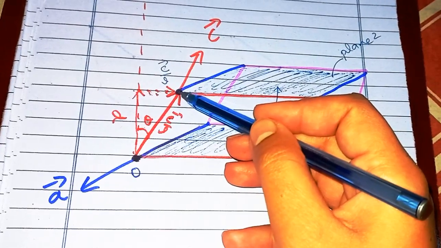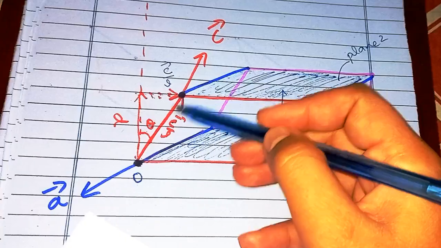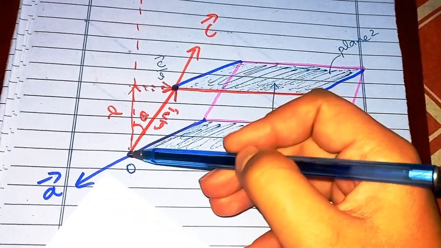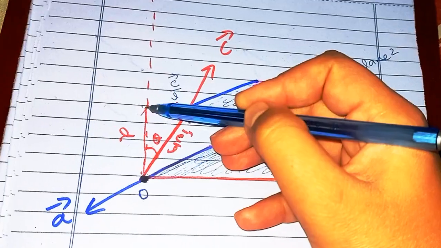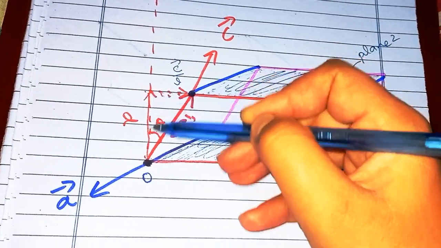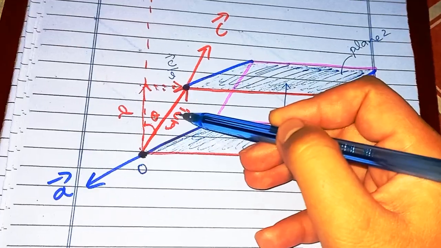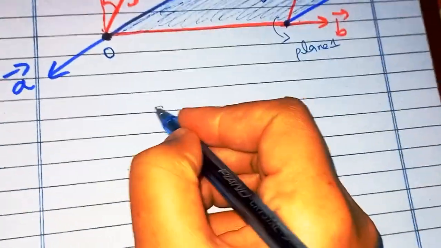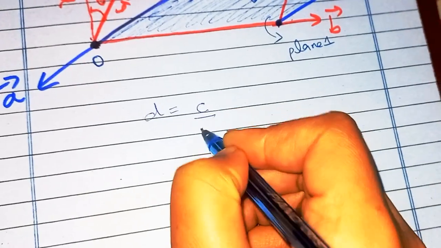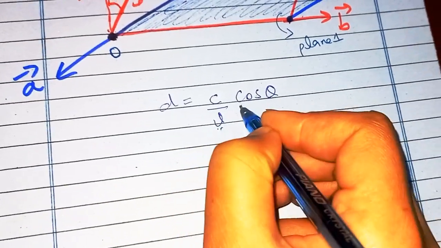And if you want to find the perpendicular distance, not this distance, we wish to find the perpendicular distance between these 2 points. That is why we took only this component that is vertically upward, and this component is actually the horizontal component of c by l. So d equals the horizontal component of c by l, c by l times cos theta.